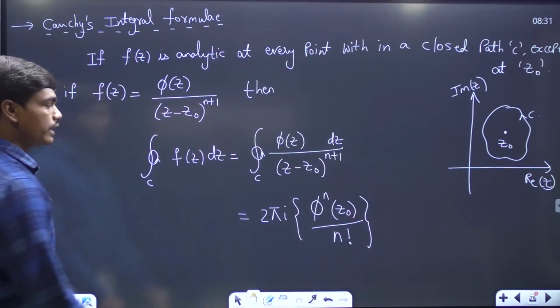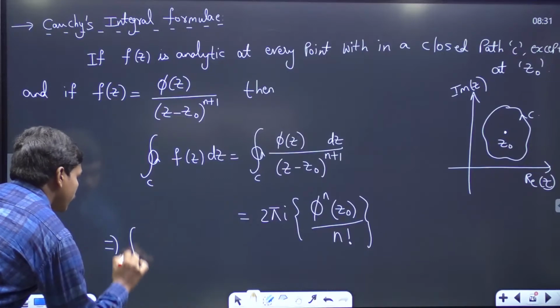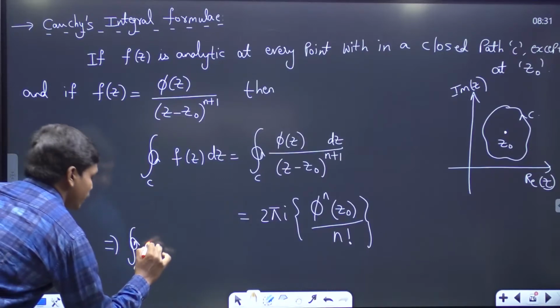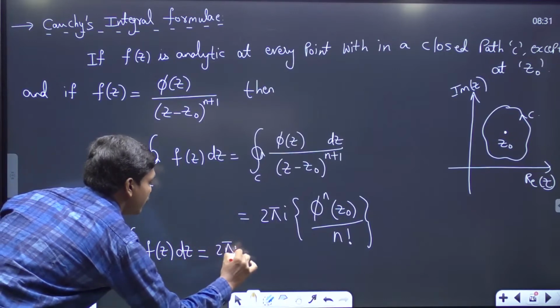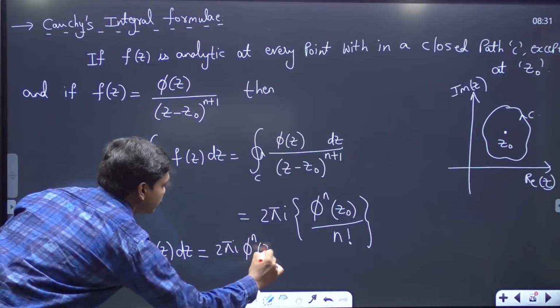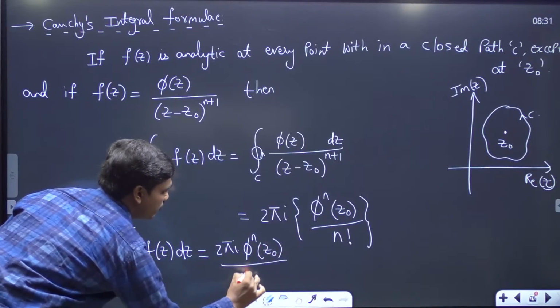This is the value. So basically cyclic integral over C f of z dz is equal to 2 pi i into phi nth derivative at z naught divided by n factorial.